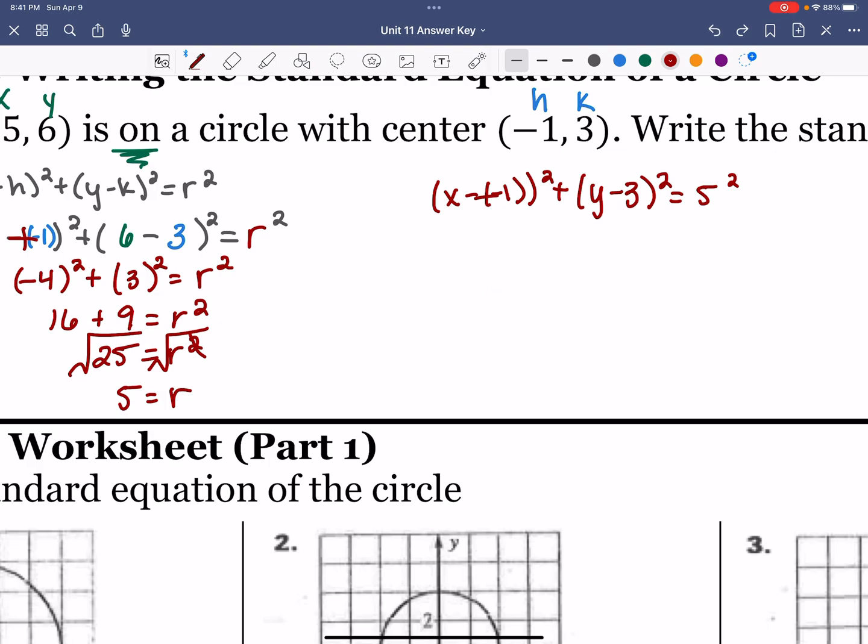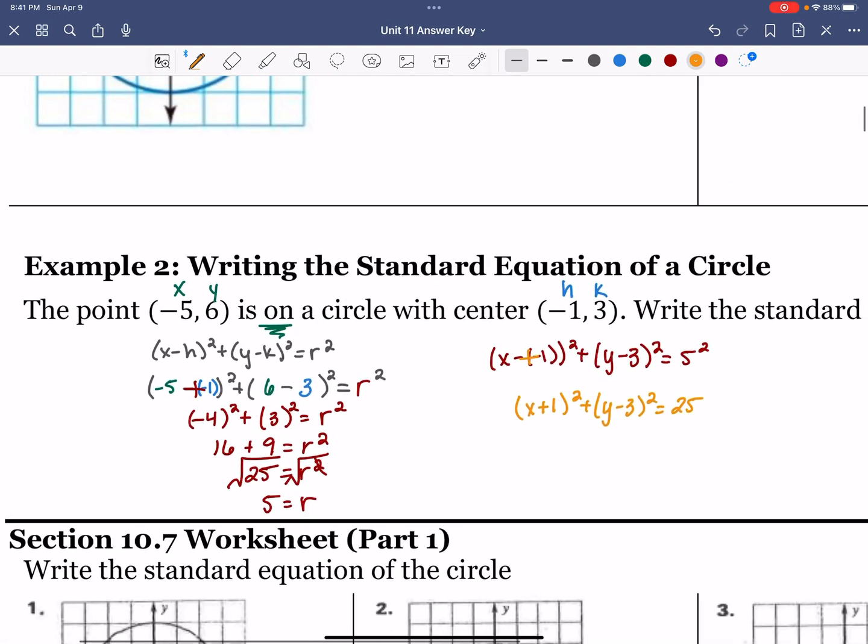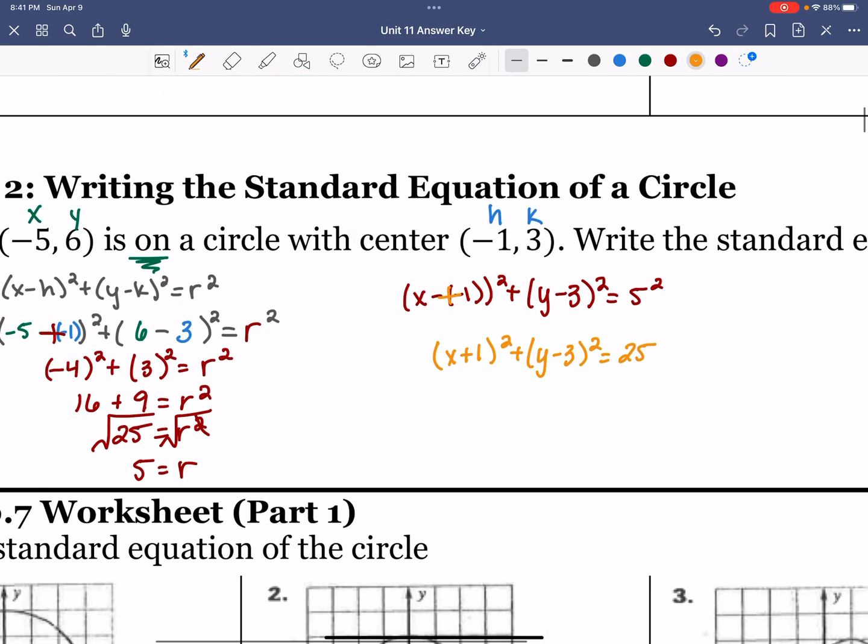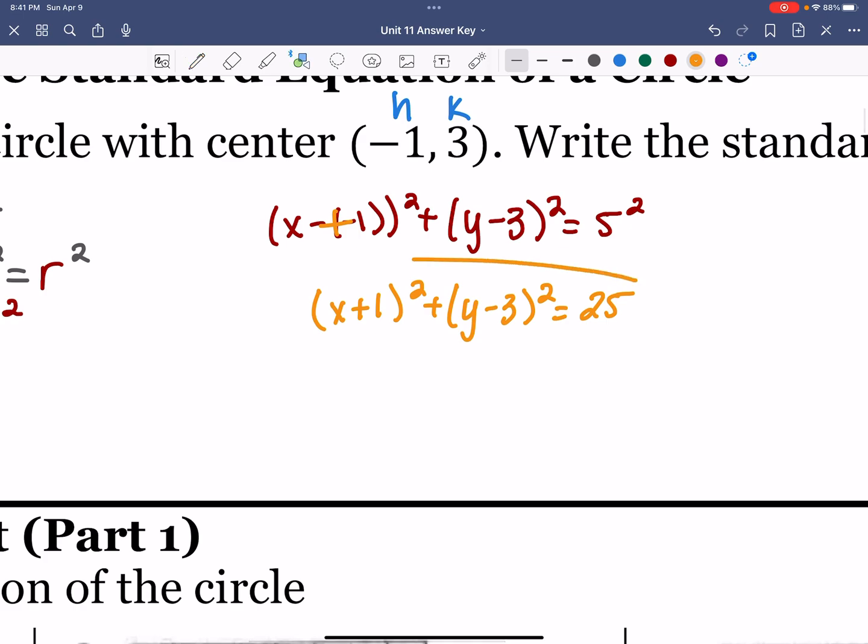Let me change colors real quick to make that a little easier to see. So I have x plus 1 squared plus y minus 3 squared equals 25. And that is writing equations of a circle. Come back for part 2 to learn how to graph those equations.